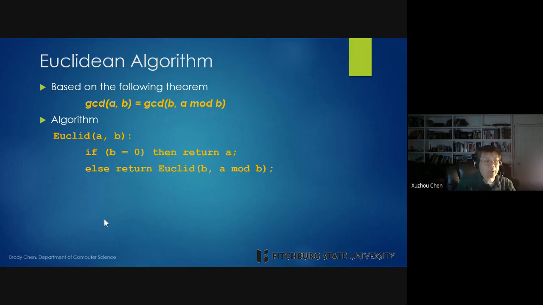And there's one algorithm called the Euclidean algorithm. It's basically developed by the mathematician called Euler. The Euclidean algorithm basically says the greatest common divisor between A and B is the same as the greatest common divisor between B and A modulo B. Now, what is A modulo B?